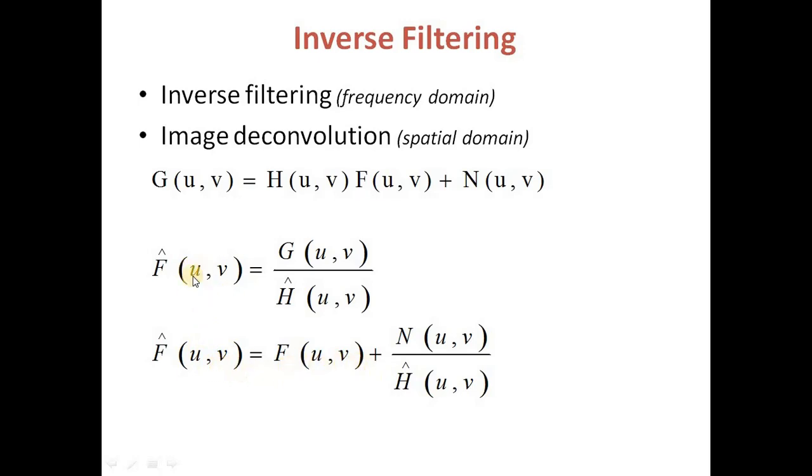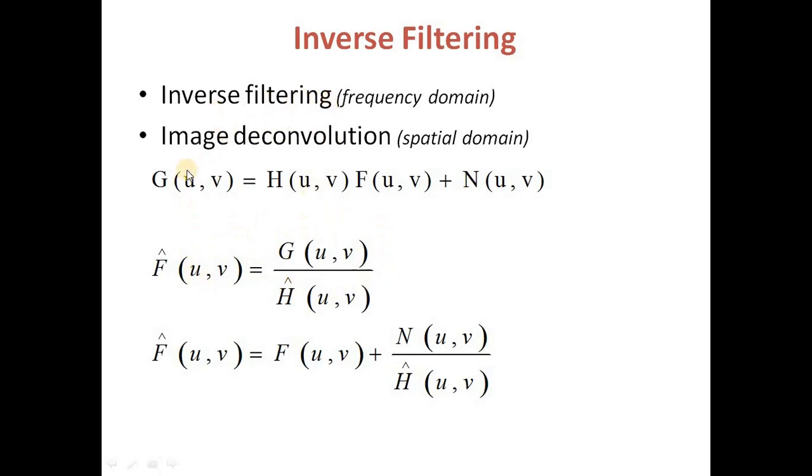And one more thing: we came across a terminology called image deconvolution, and we related it to image restoration. But while doing the image restoration, we did something called inverse filtering.